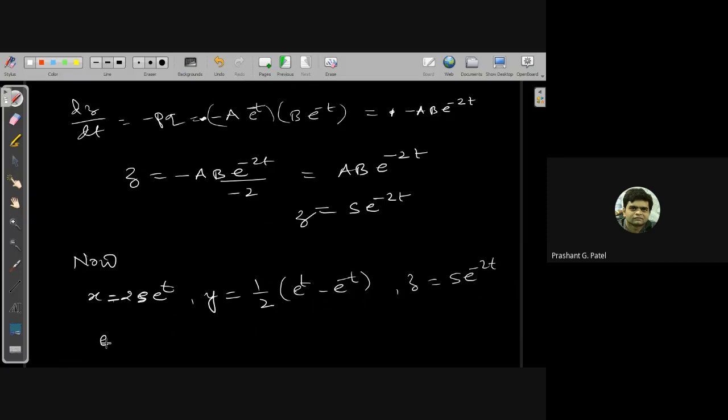So if I have e raised to t, which is x by 2s, if I substitute that value here, that is 1 by 2 x by 2s minus e power minus t. So the reciprocal of this, that is 2s by x, and z is equal to s e power minus 2t.